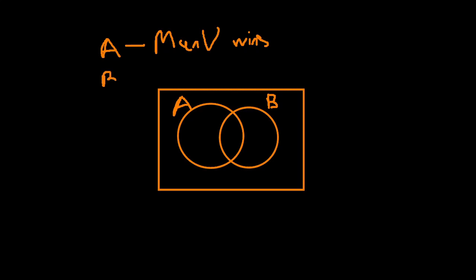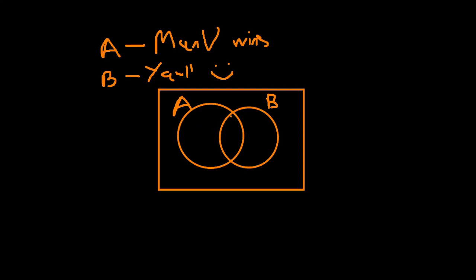And B is the event that, what are some common events that can happen as Man U wins? B is the event that you'll be happy that day as an Arsenal fan. You'll be happy. Smile.